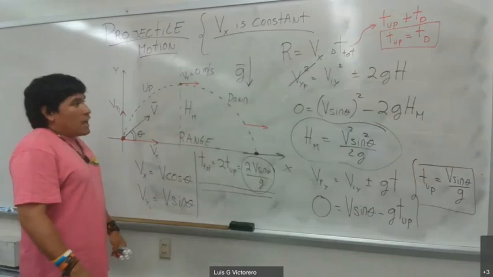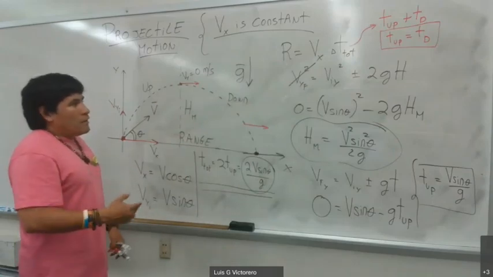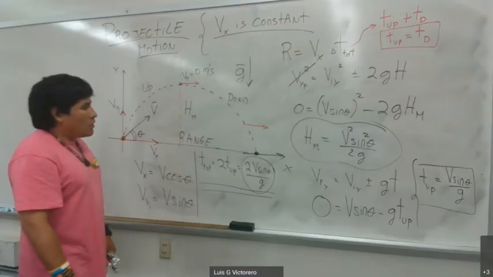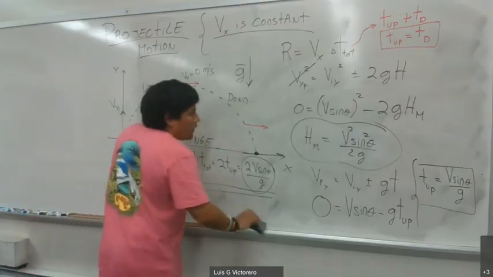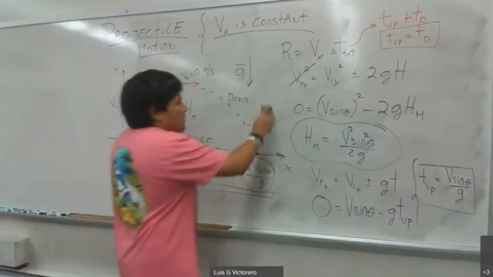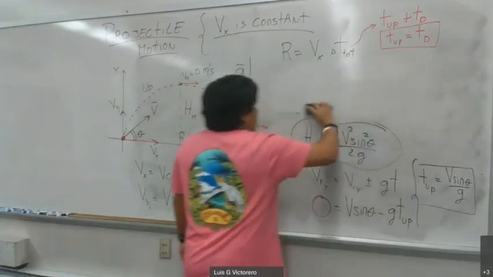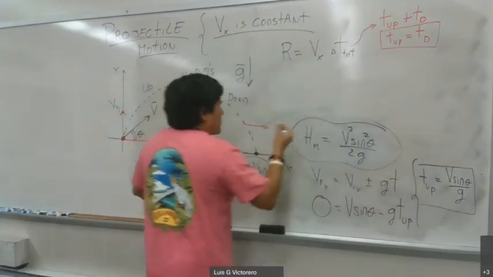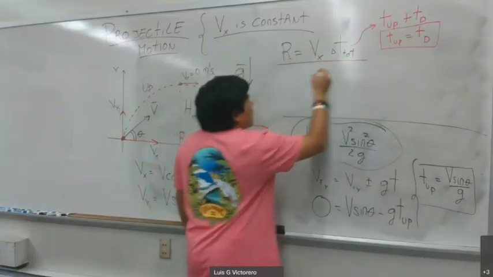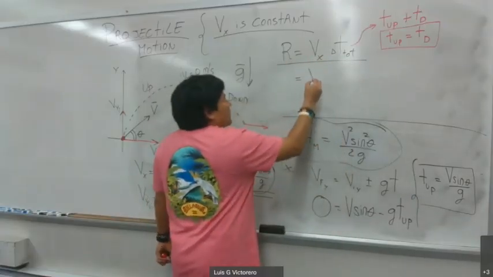That's pretty much how we are combining what we did in falling objects and in horizontal motion. Let's erase this. I mean, not the result already. So we found the height. And now, using this equation, if I want to find the range, what's the x component? V cosine.